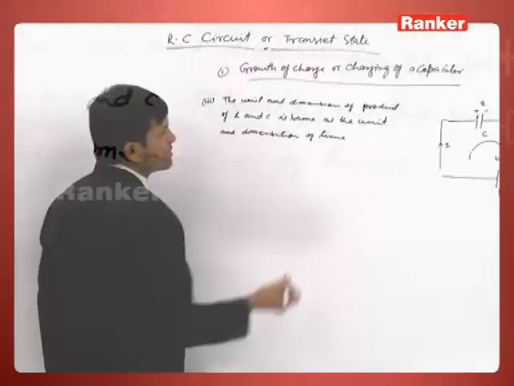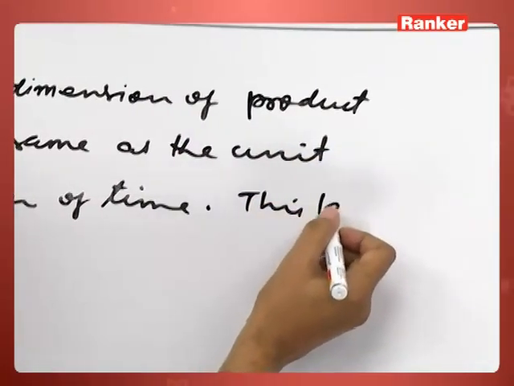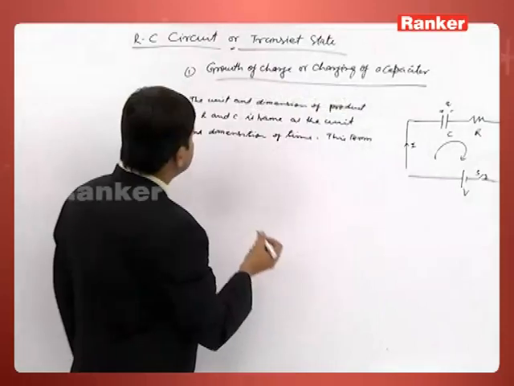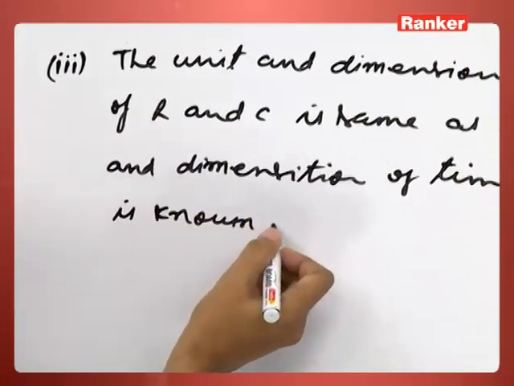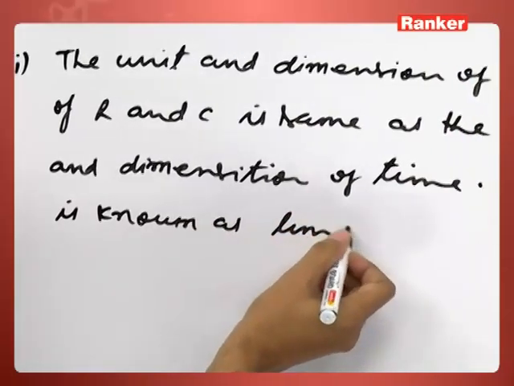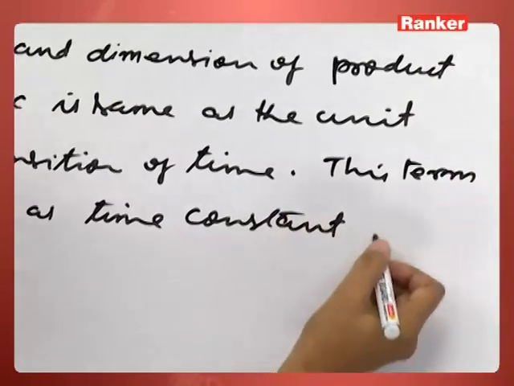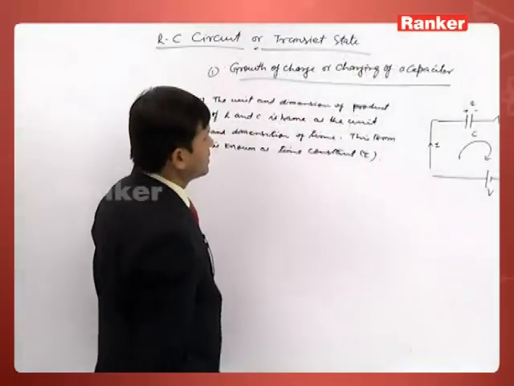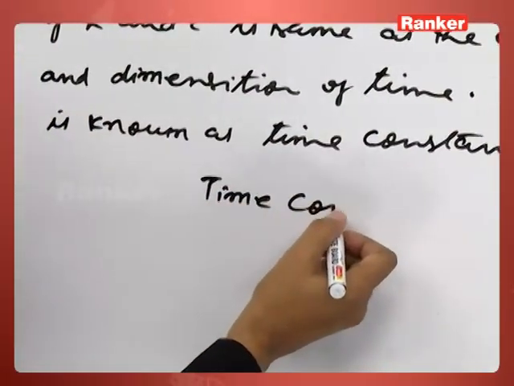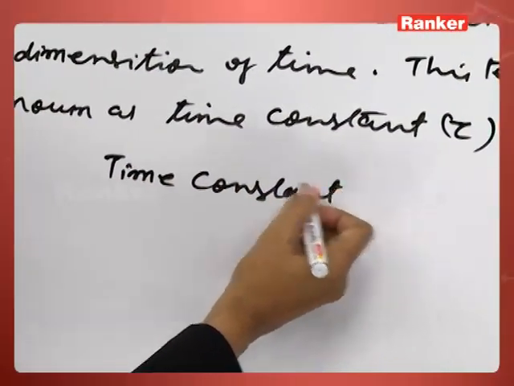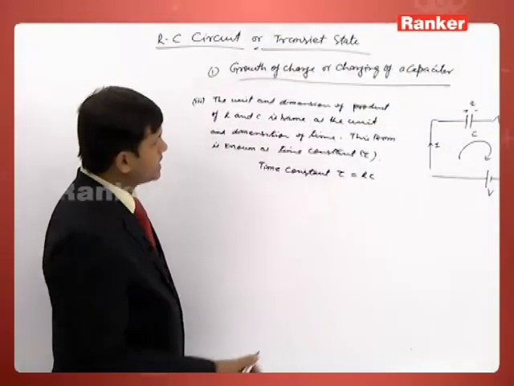So this term is known as the time constant, tau. Time constant tau is equal to R into C.